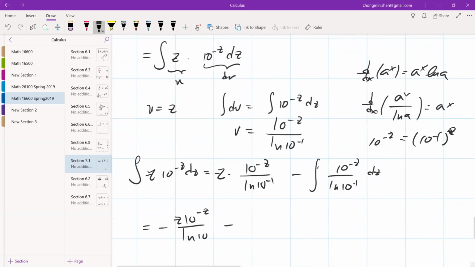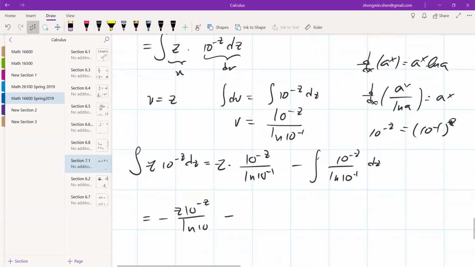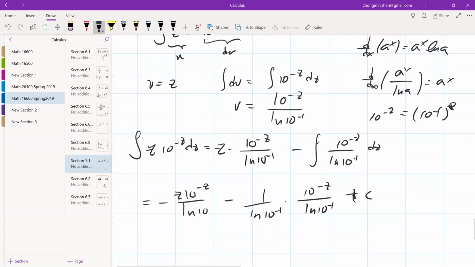So here, to find the antiderivative, the constant can be taken out. So the integral of 10 to the negative z is going to be 10 to the negative z over the natural log of this, plus a constant. So this is the answer.